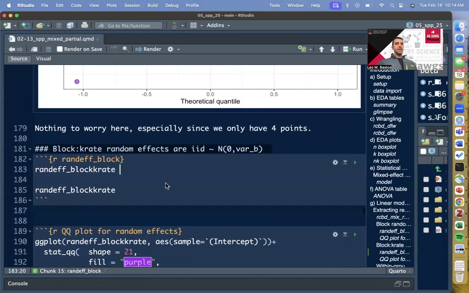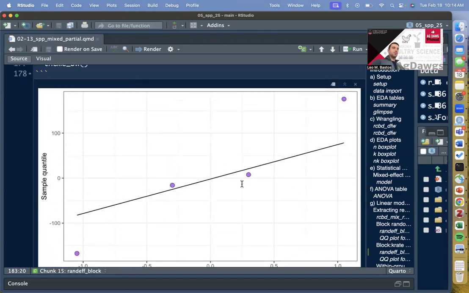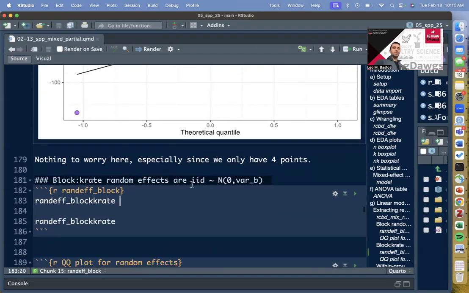Okay, so this is basically the only way that we're checking assumptions for the random effect of block. Then we're going to check the same for the random effect of block and potassium rate. So we're going to use the same function, runF.